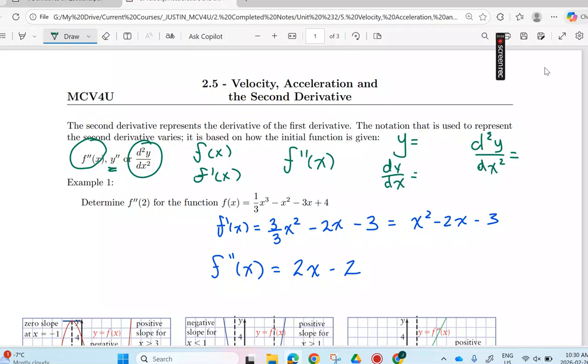So just to clarify, this does not mean I'm squaring anything. It's just to signify the second derivative, whereas this is to signify the first derivative, second derivative, okay?